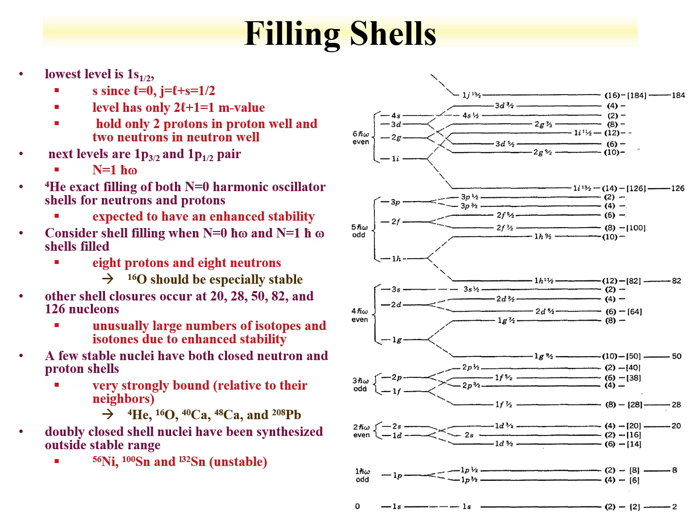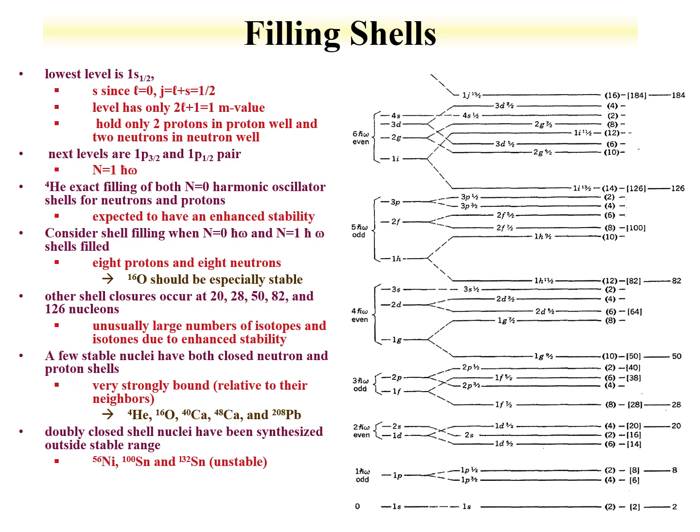These enhanced stabilities from the magic numbers correlate with these gaps in the shells. A few stable nuclei have both closed neutron and proton shells. They're very strongly bound relative to their neighbors.